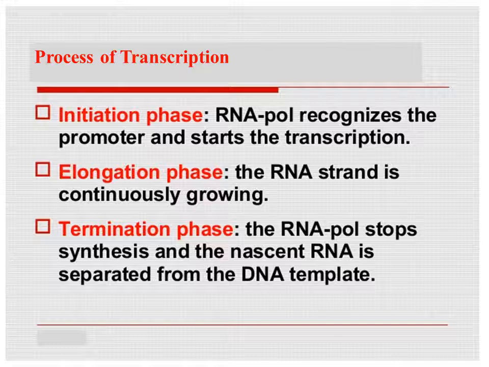Then there is the termination phase, which means the RNA polymerase slows down and stops the adding of free nucleotides. So the process of adding nucleotides for synthesis of the RNA molecule is stopped, and the nascent RNA molecule, which is recently synthesized over the DNA molecule, will be separated from the DNA template molecule.